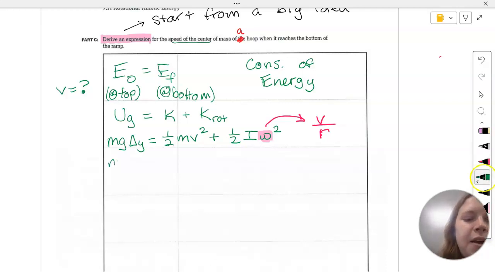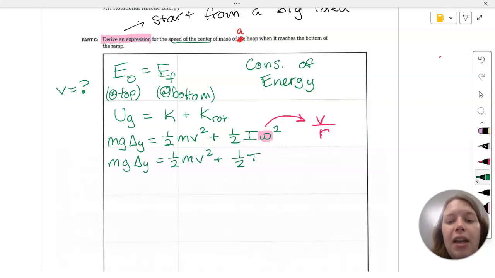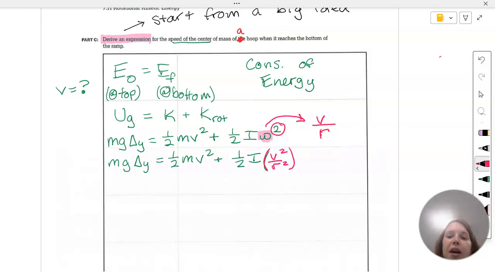We'll plug in: mg delta y equals 1/2 mv squared plus 1/2 I times (v over r), and then that's squared. I'm just going to put the squared on right now while I'm plugging in for v over r so I don't forget the squared. That's a common mistake.